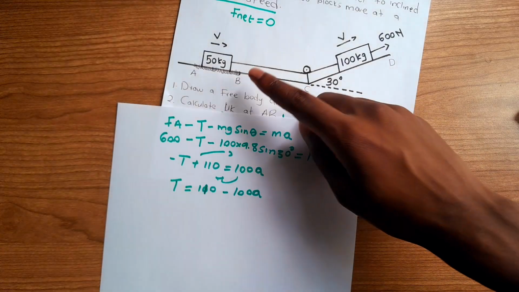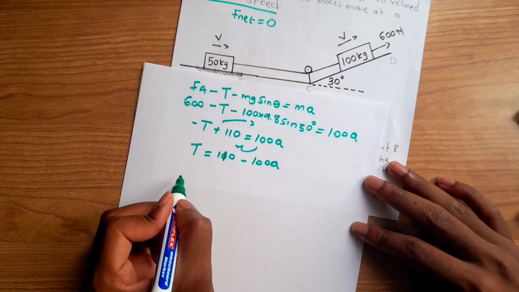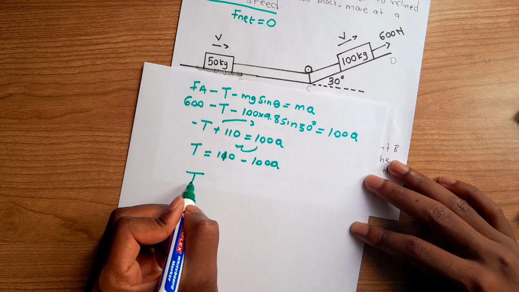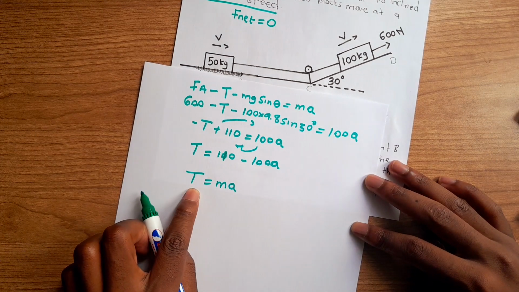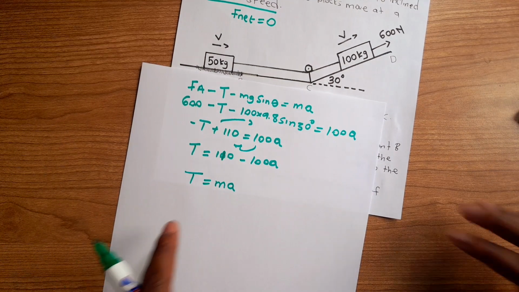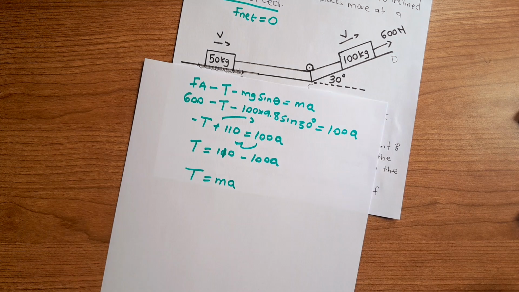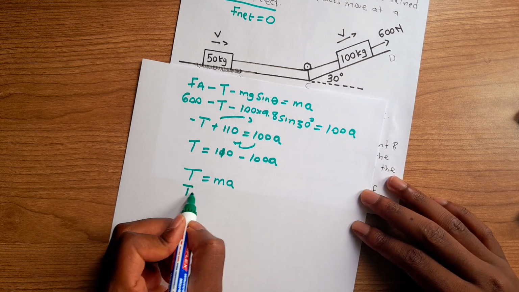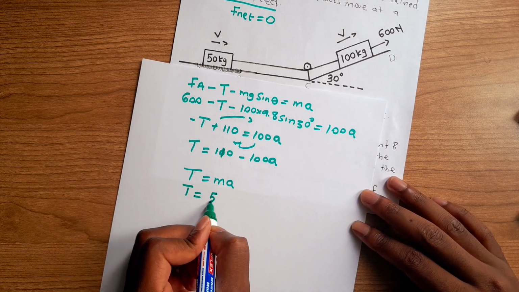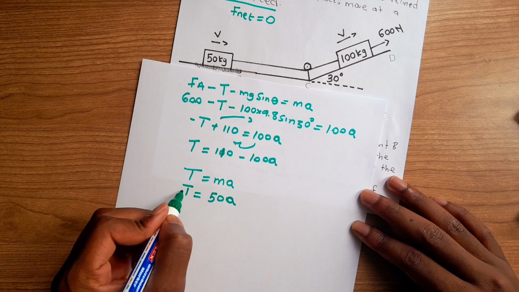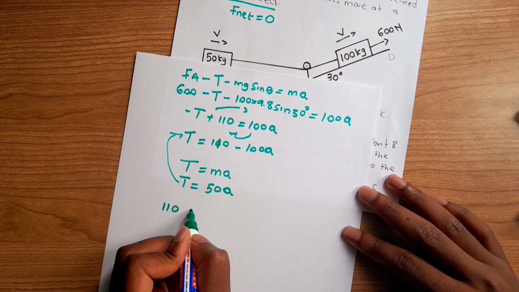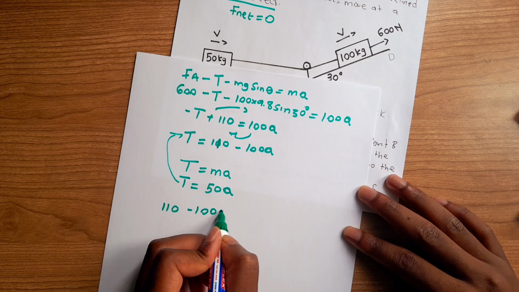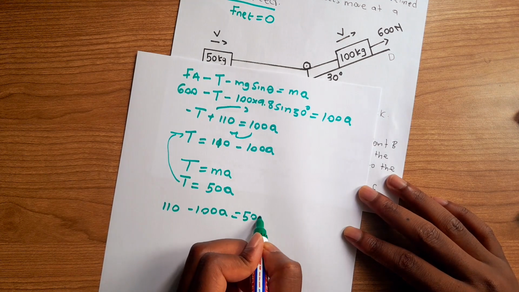And then let me go to this one. I know it's going to be tension that equals ma, because there's no longer friction, right? It's just T equals ma, and m is going to equal 50, and then a. So now both sides equal T. I'm going to have 110 minus 100a equals 50a.